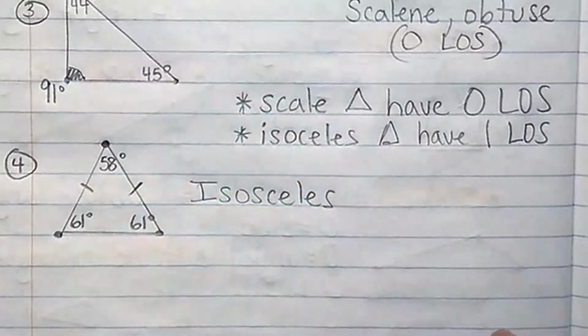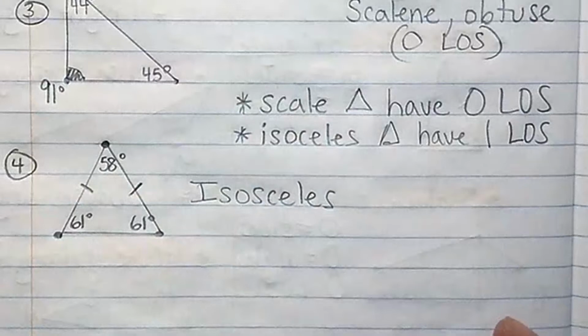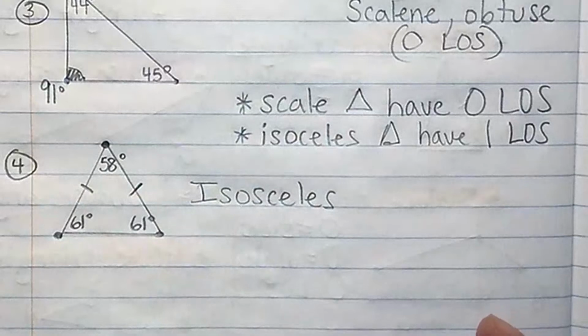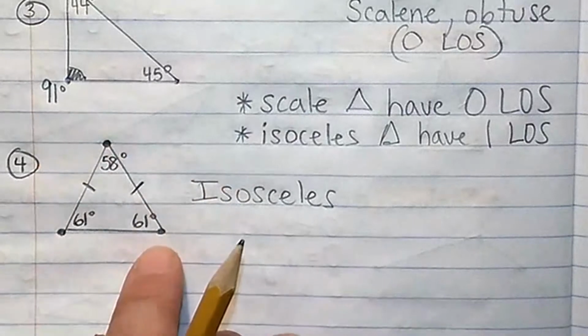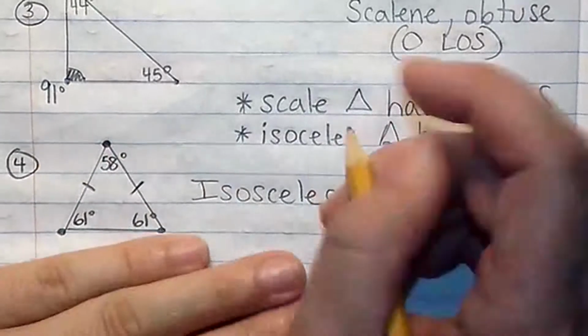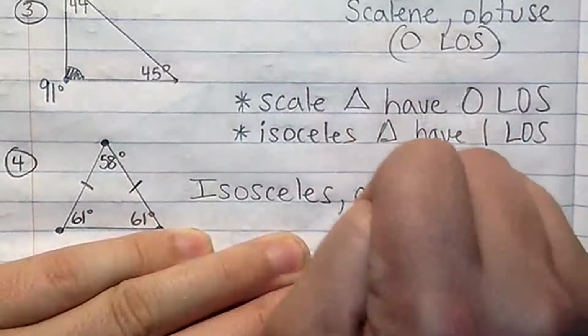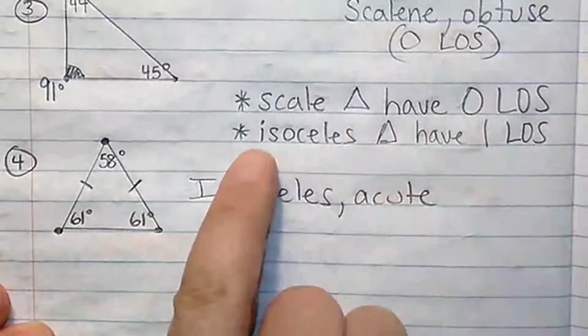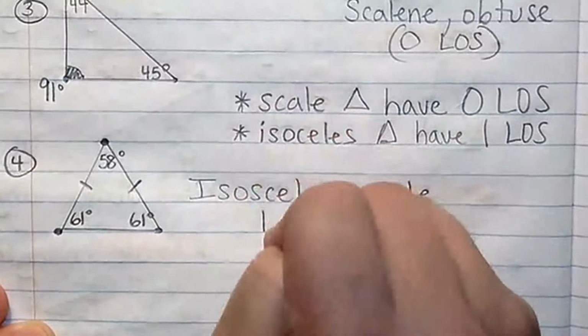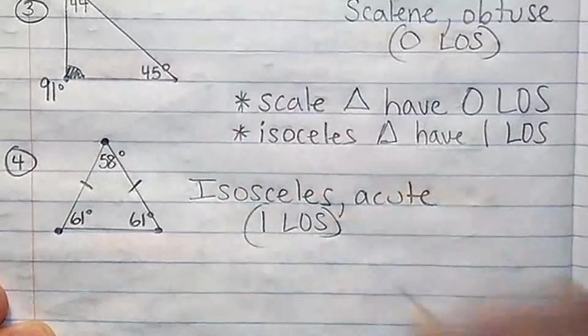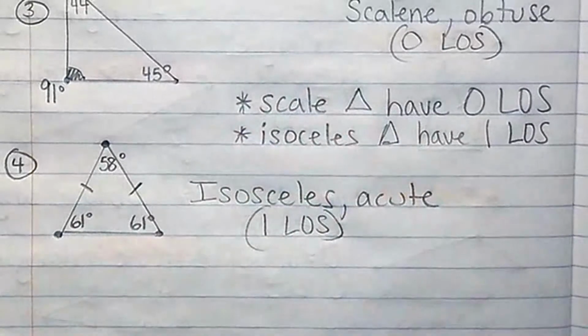Now we have to talk about the angles. Is there a right angle? Is this isosceles right? No. Is there an obtuse angle? No. So this is an isosceles acute triangle. And if it's isosceles, how many lines of symmetry do we have? One line of symmetry. Good work.